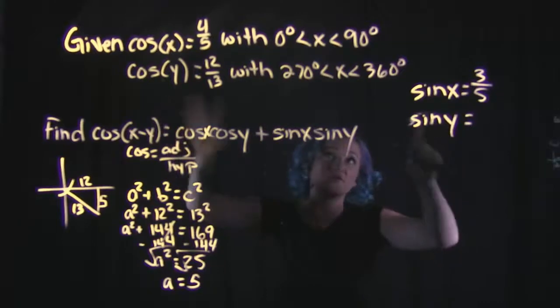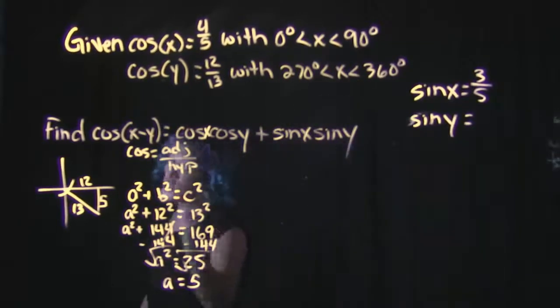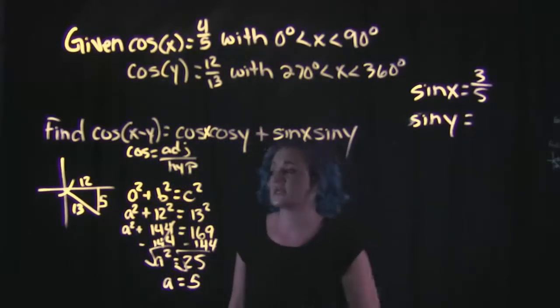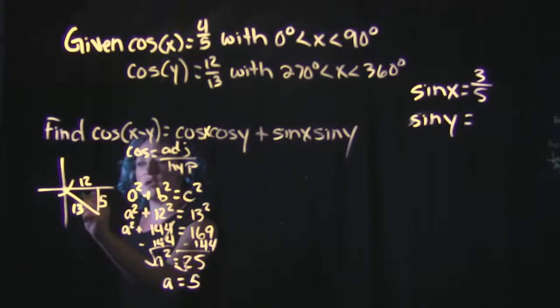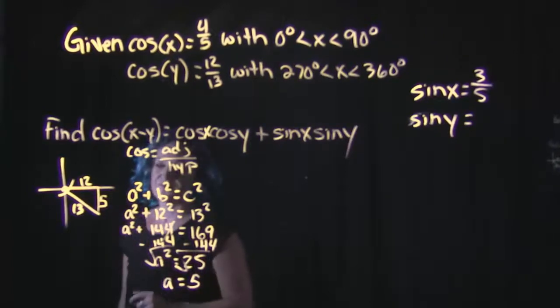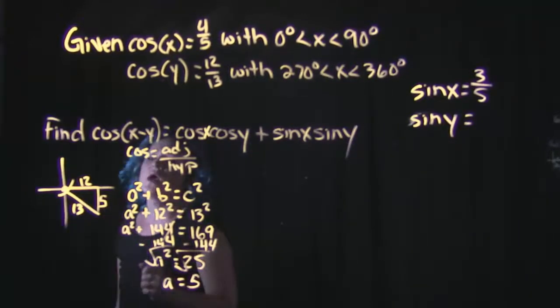Cosine of y, sine of y, we're talking about the fourth quadrant, and not everything is positive in the fourth quadrant. Now if we take a look at this 12 in reference from our origin, we're going to the right 12. Now that's a positive 12. A hypotenuse is always positive, so we need to figure out this 5 here. Now this 5, this is going to the right 12, down 5.